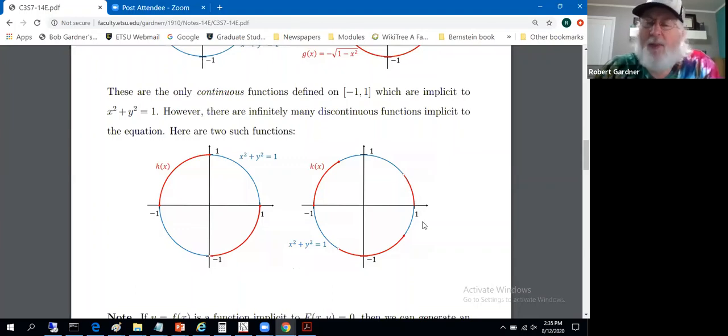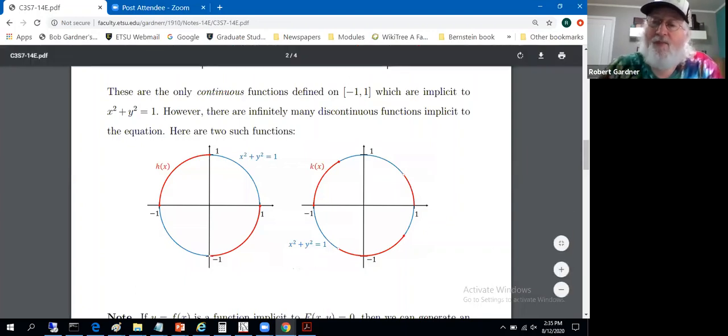So here's a couple more functions, and I could chop the top and bottom parts of that circle up just as long as I satisfy the vertical line test and create, however you like, functions which are implicit to the equation x squared plus y squared equals 1.